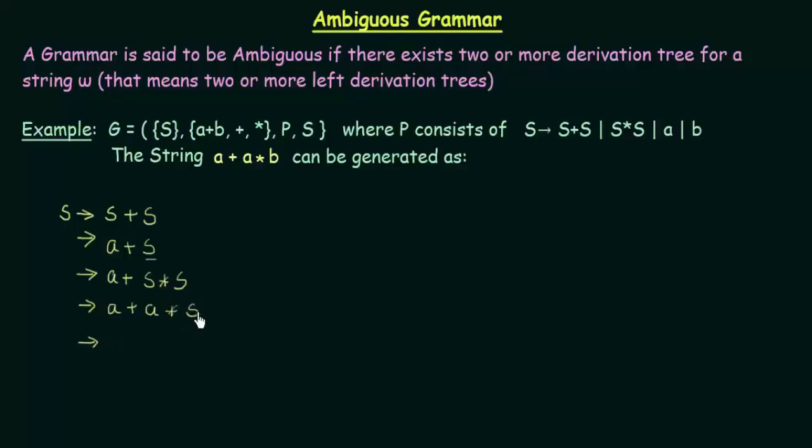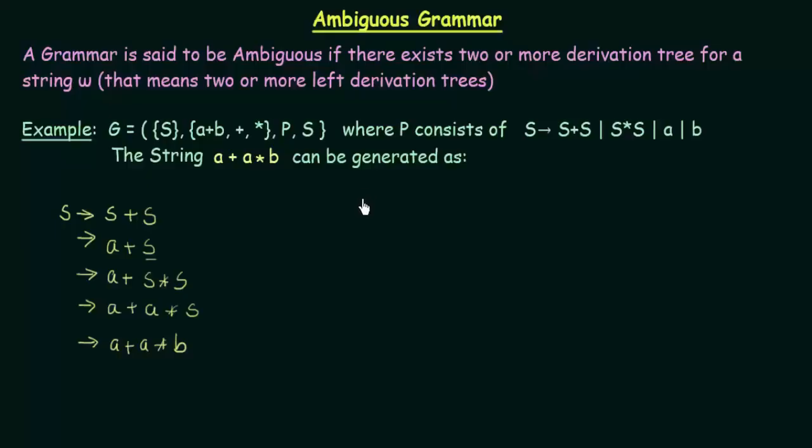And now this final S I will replace with b. I can do that because the production rule says S can give b. So this a will be as it is, this a will be as it is, into this S will be replaced by b. Okay, so now I am getting the string a plus a into b, which is the string I wanted to generate. So this is one way I can generate this string.